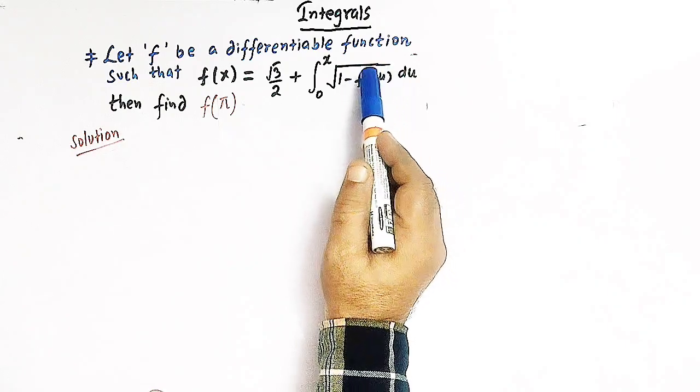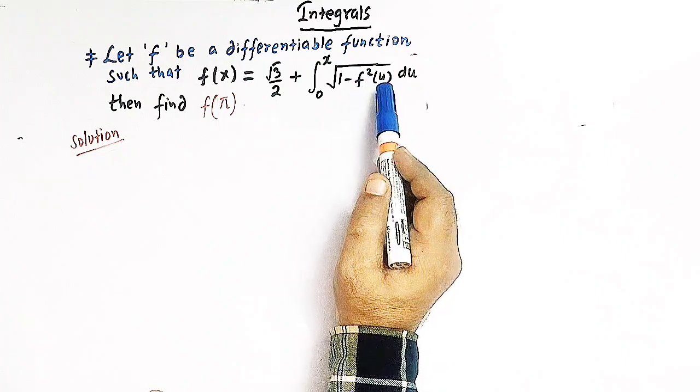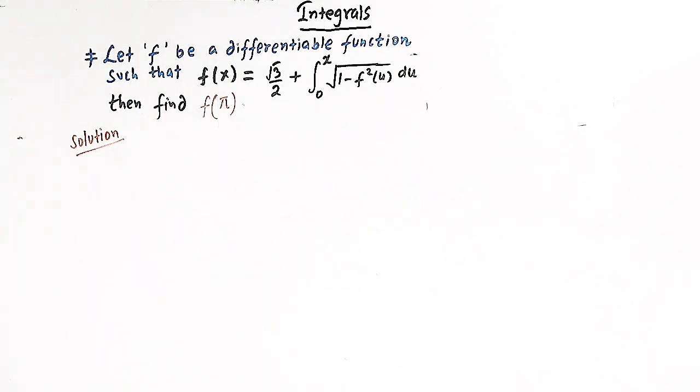So here we have the square of the function f of u, and then we have to find f of pi, right?